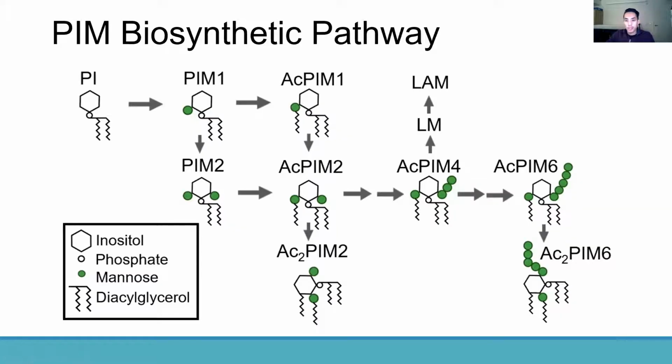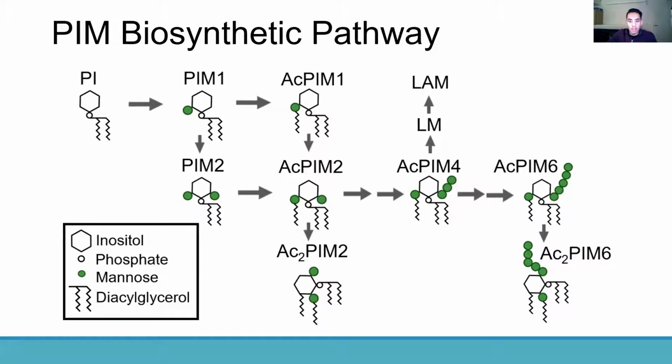Here's the PIM biosynthesis pathway. It begins with PI, or phosphatidylinositol. A mannose transferase mediates the transfer of a mannose, which makes PI become PIM1. As we go further down the pathway, you can see that PIM1 can have additional mannoses transferred to make higher forms of PIMs, such as ACPIM6.